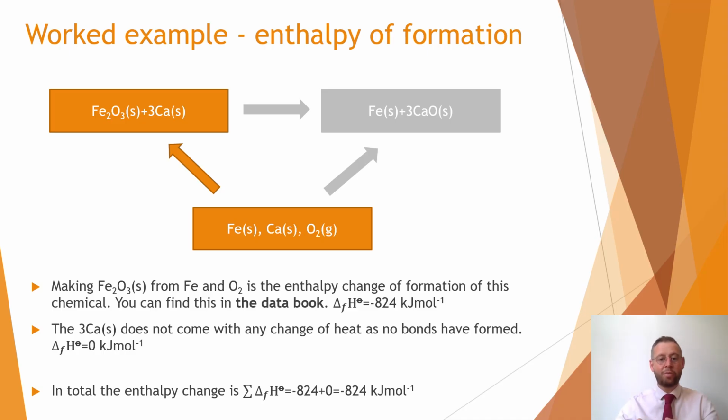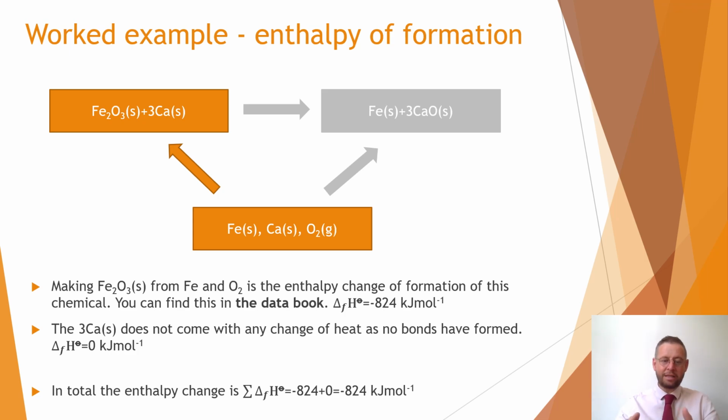So the enthalpy change of formation from its elements to iron oxide is minus 824. But going from iron oxide back to its elements, it's the negative. So rather than minus 824, it will be 824 kilojoules per mole.